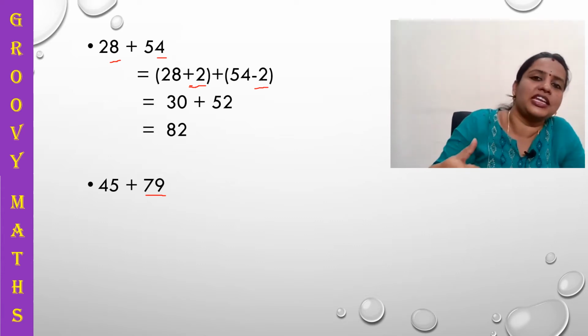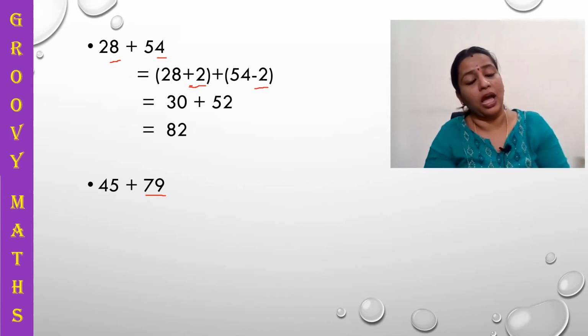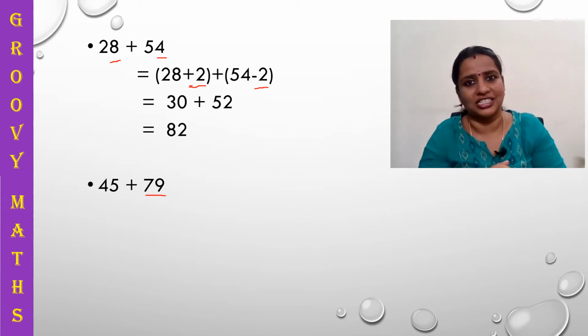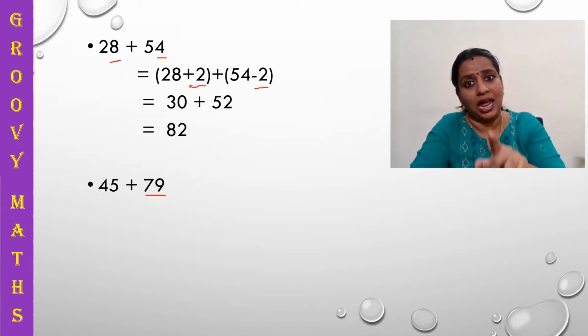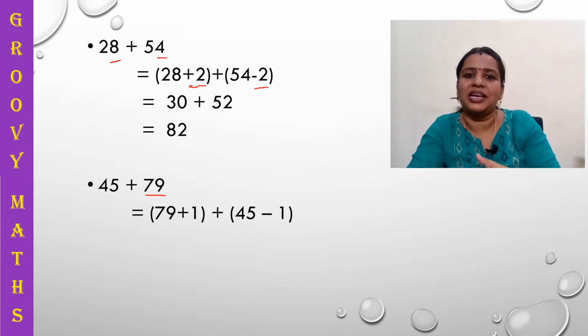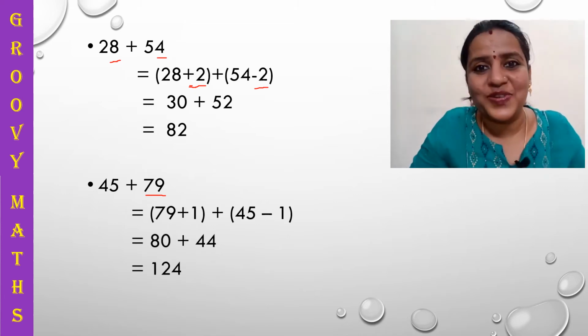To make it a multiple of 10, I have to get 80, which I can get by adding 1, isn't it? So I add 1 to 79 and immediately subtract 1 from 45. 79 plus 1 is 80, and 45 minus 1 gives me 44. So 80 plus 44 gives me 124.